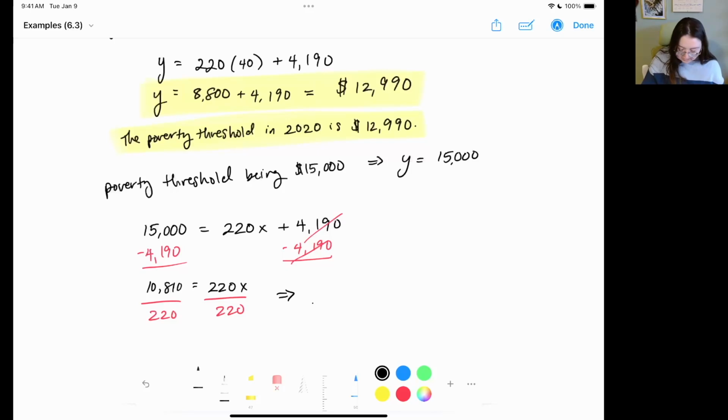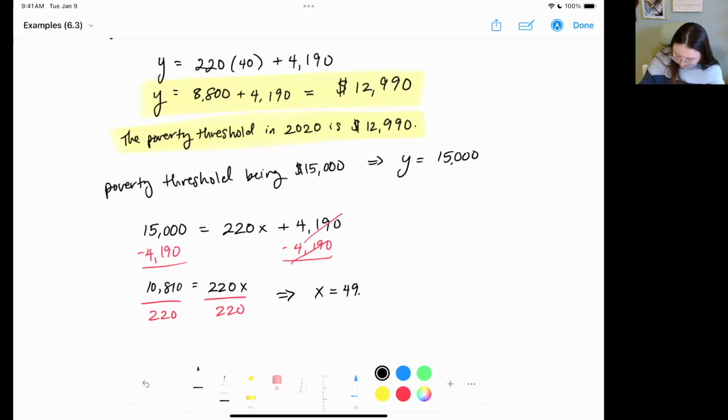And we end up getting that x is not going to be a whole number. We're going to use the decimal value, and then we're going to use knowledge to round. So x is equal to 49.1. It's actually exactly equal to 49.1.